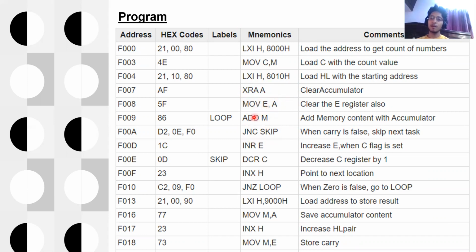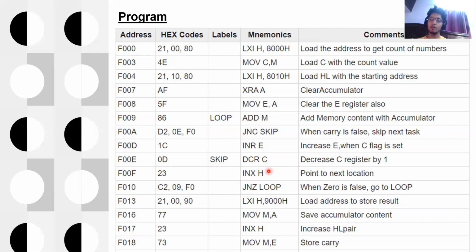Then we will be running a loop. In each loop, we will be adding the accumulator with the data pointed by the HL pair. And if the value of the carry flag is 1, then we will be incrementing the value of E. After each iteration, we will be decreasing our counter by 1.